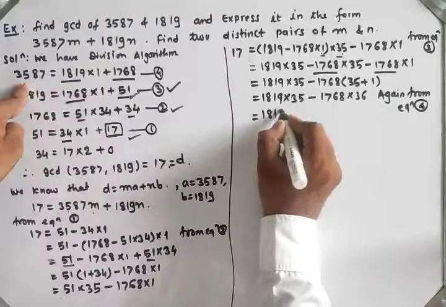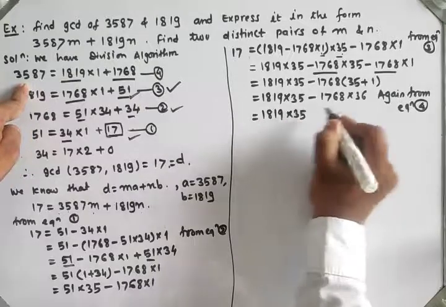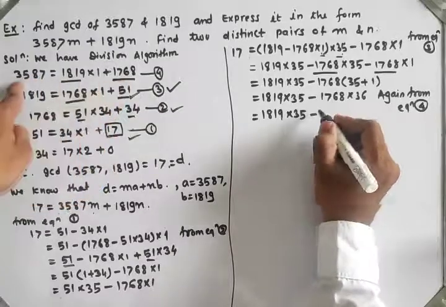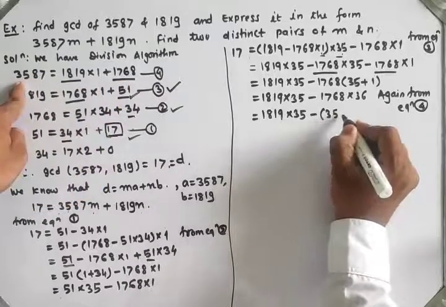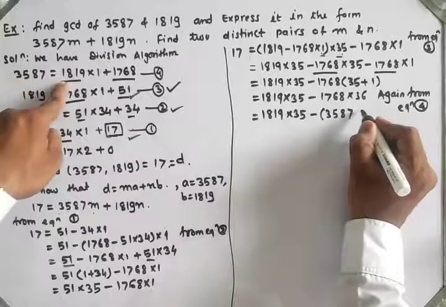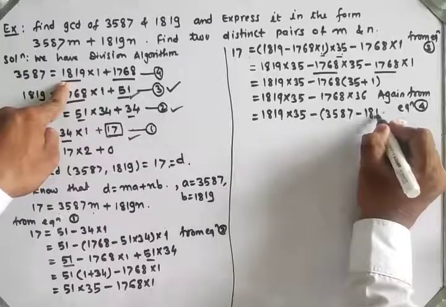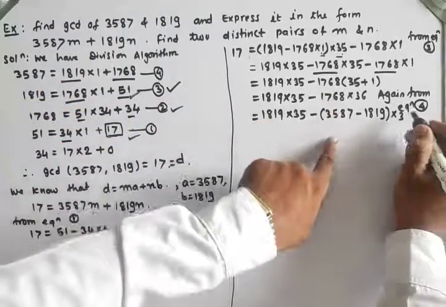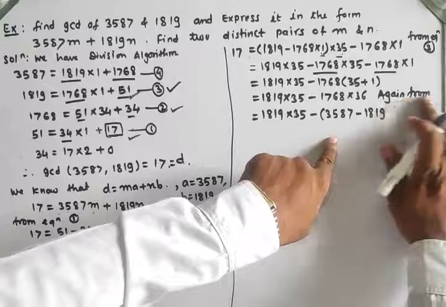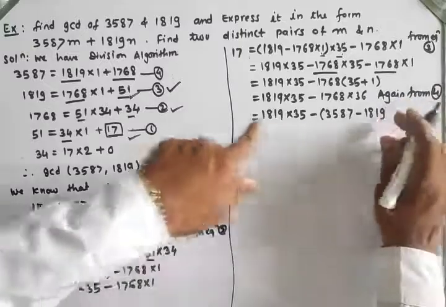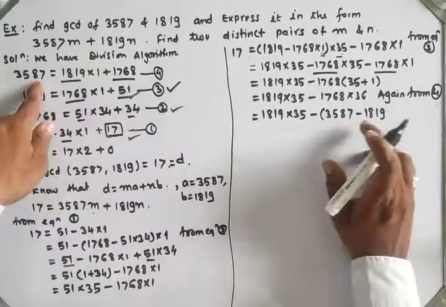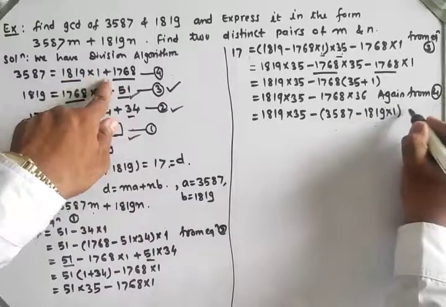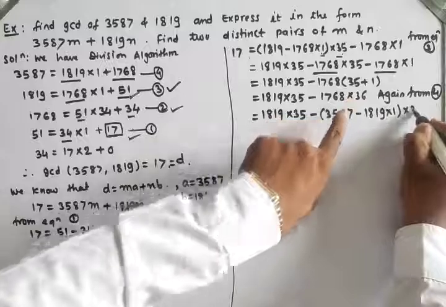So 1819 into 35 as it is, minus 3587 minus 1819 into 1 into 36.